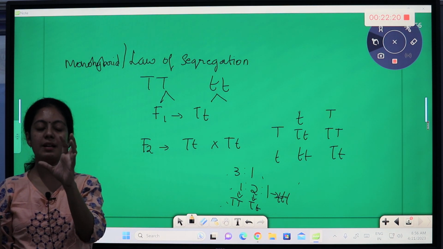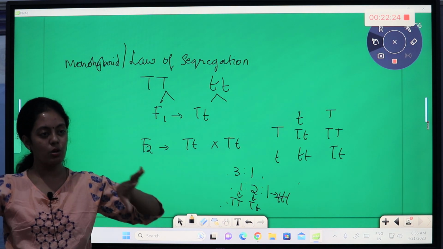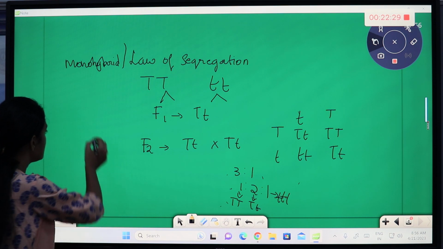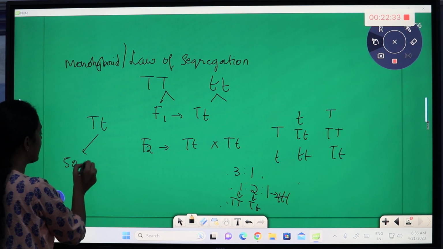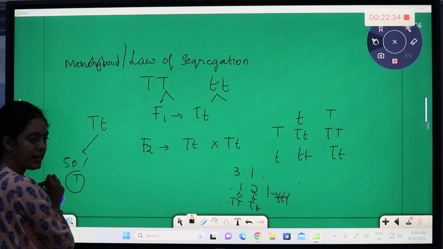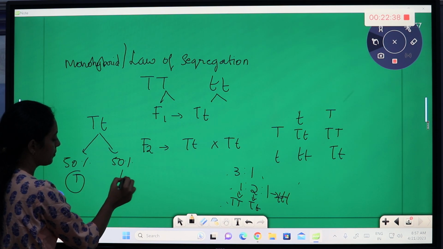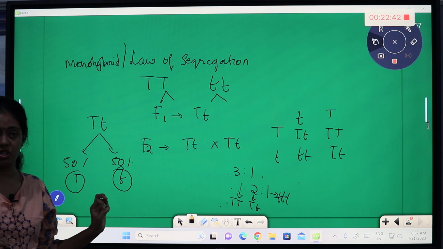Okay, so 50% of the alleles will go to one gamete, the other 50% will go to the other gametes. Imagine I have capital T, small t. So 50% of my gametes will contain capital T, correct? And the other 50% will contain small t. Okay, this is called the law of segregation.